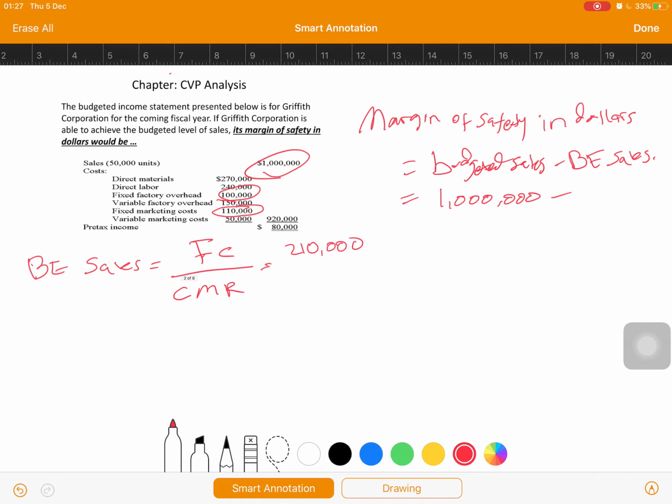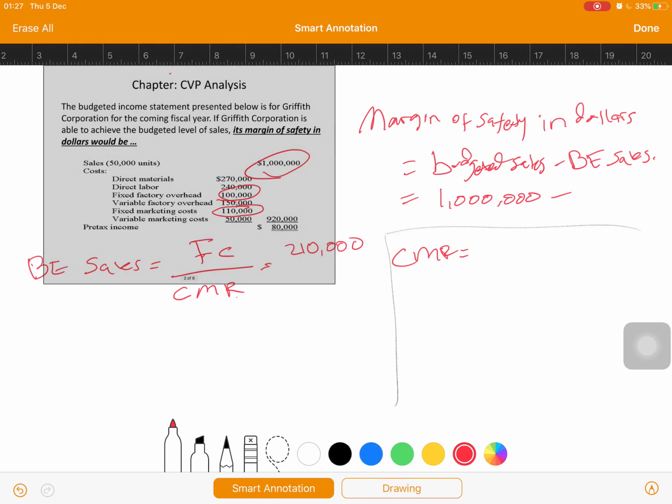We still don't know, so we need to calculate. The contribution margin ratio equals contribution margin divided by the sales.